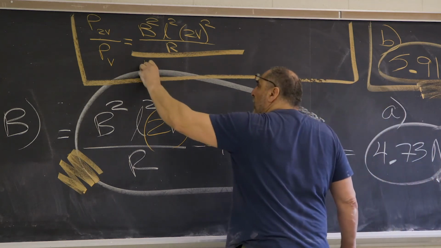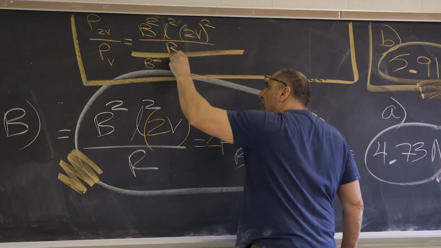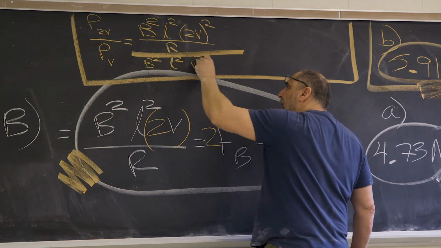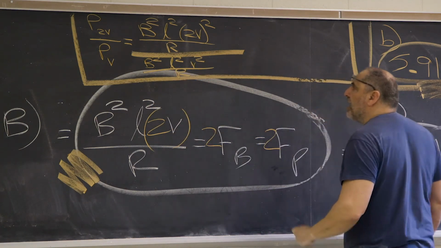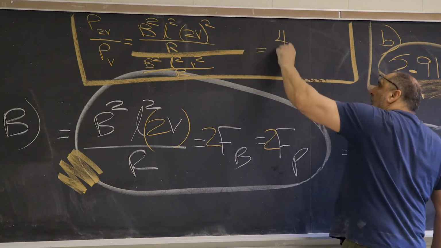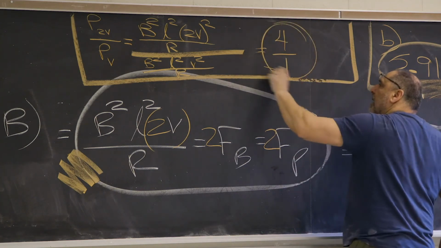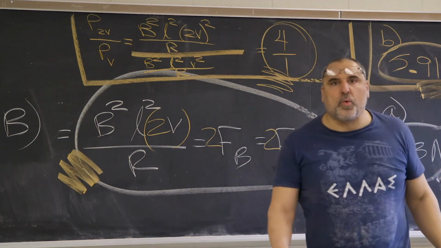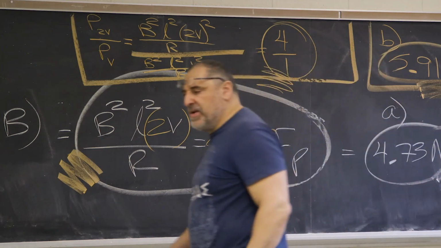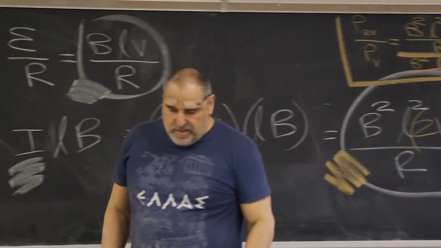The power associated with 1V. If you square the quantity 2V, you get 4V squared. If you square the quantity V, you got V squared.